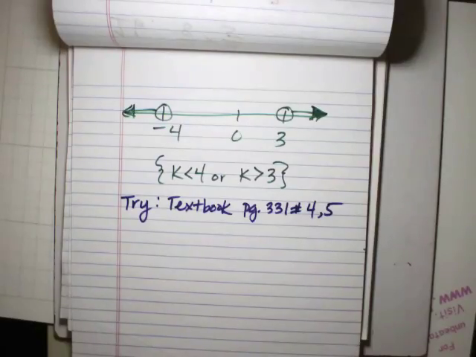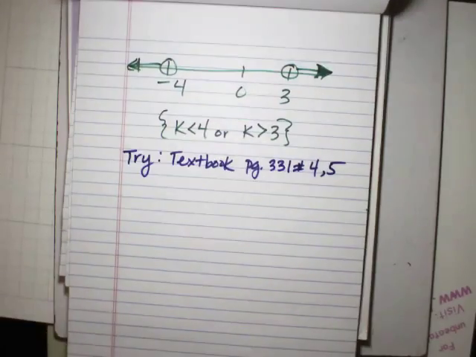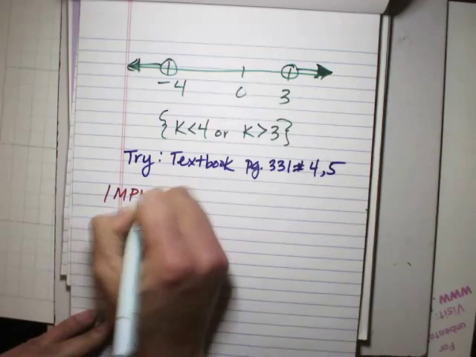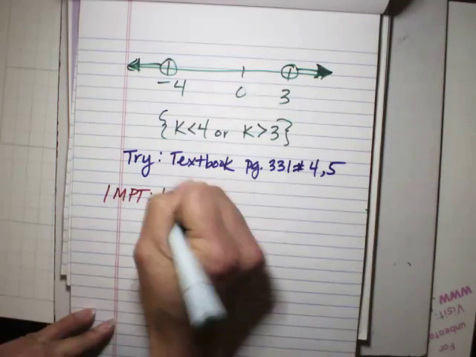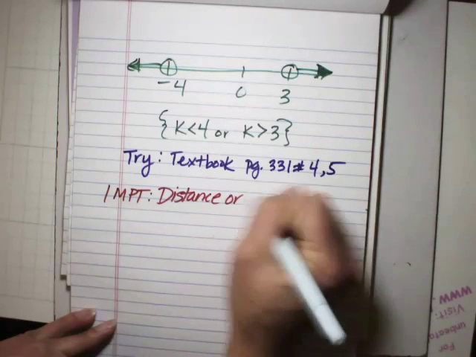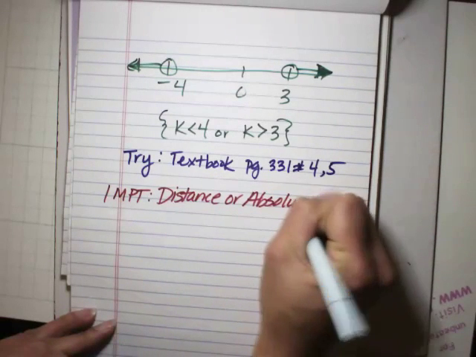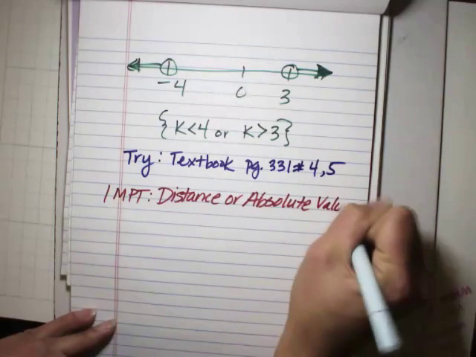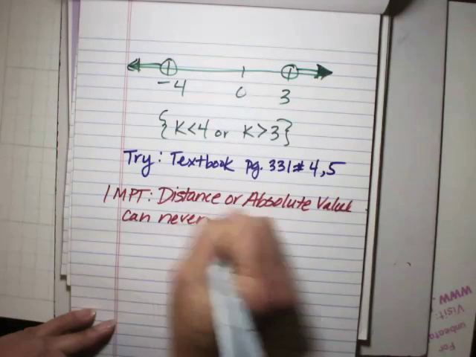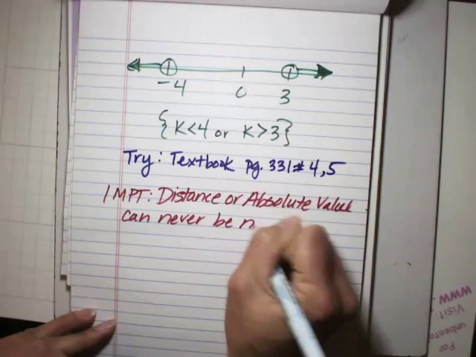So a really important idea that I want to talk about is going back to what we started with. We said in the beginning, and it was really important, so I'm going to write it really big in red, distance or absolute value can never be negative.